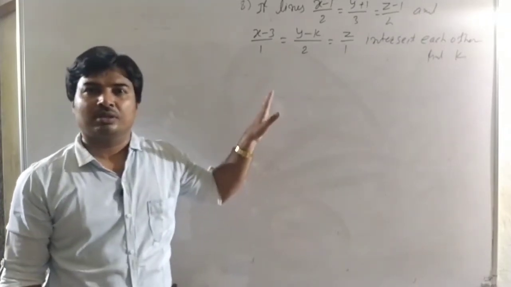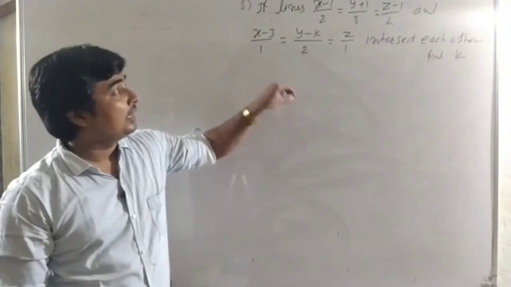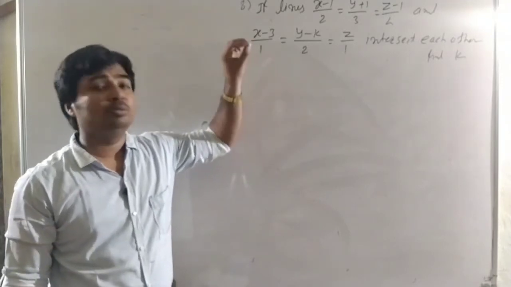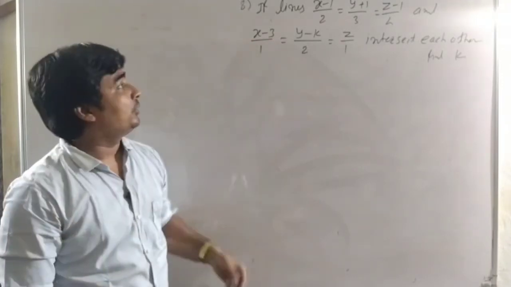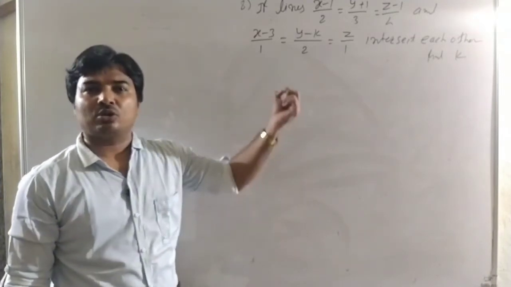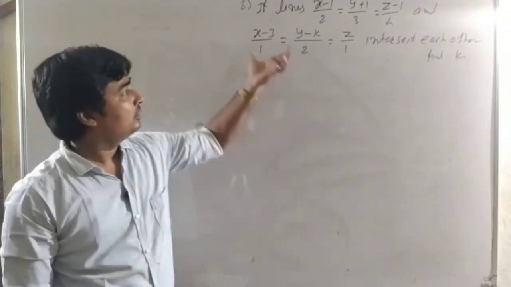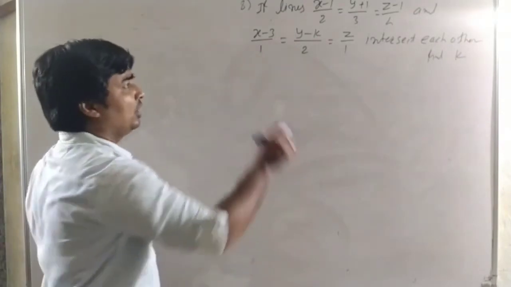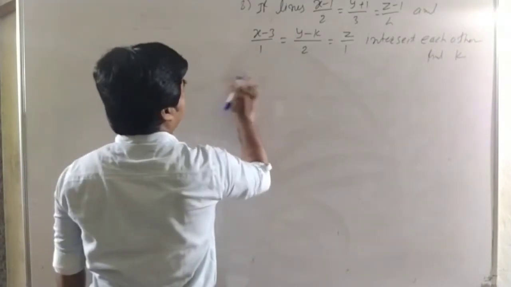And the vector form is (a2 bar minus a1 bar) dot (b1 bar cross b2 bar) is equal to 0. Then the two lines intersect. You can use any one method.